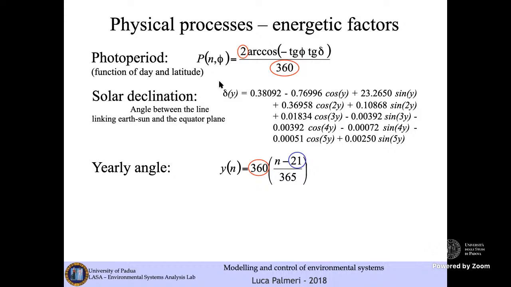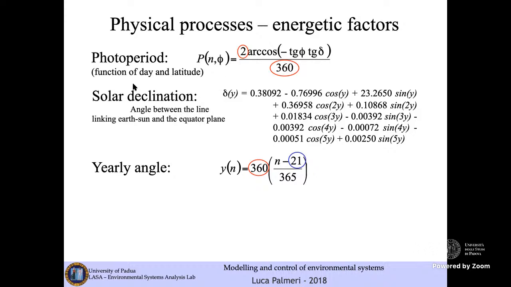During summer, depending on the latitude, so depending on the solar declination, we may have a percent quantity of solar radiation that goes from 0 to 1. 0 during winter and 1 during summer.